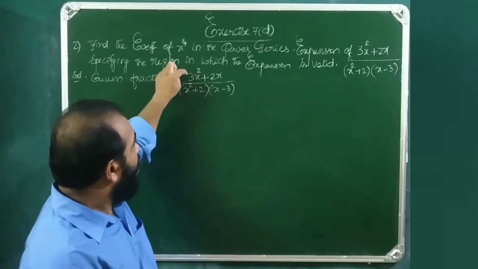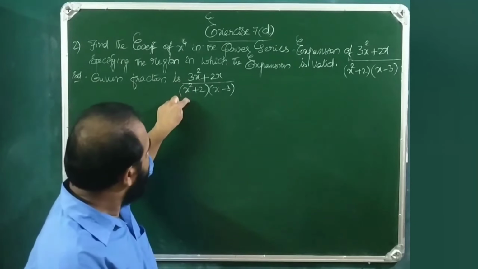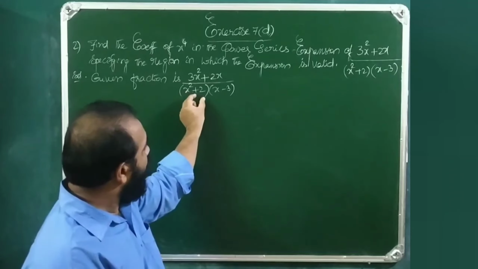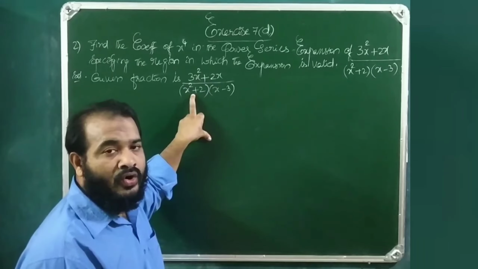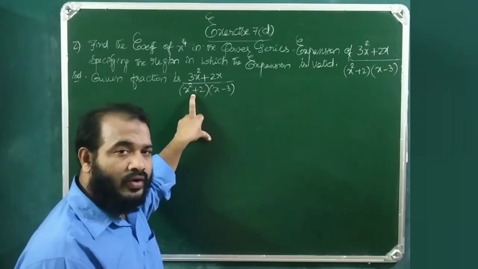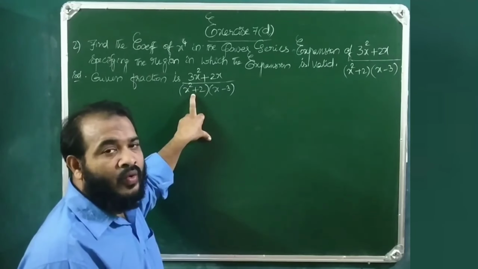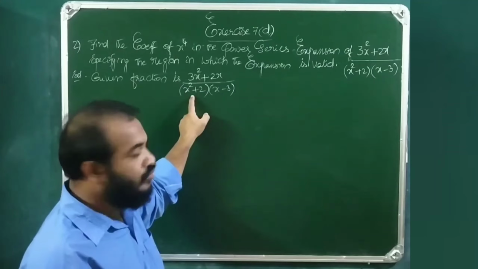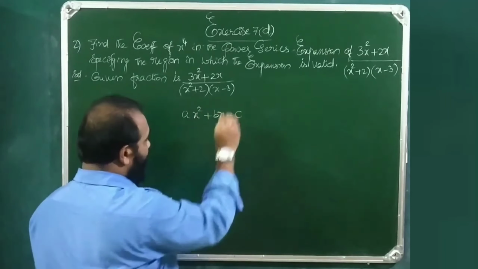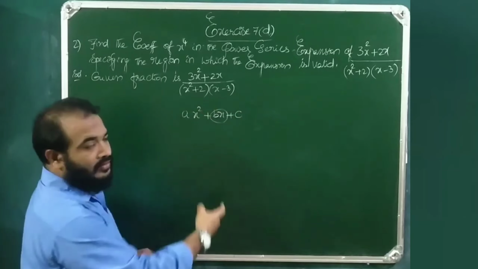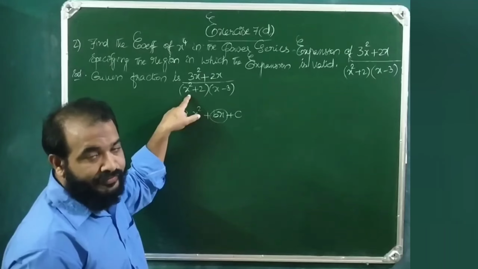Both are polynomials in x, and the denominator contains x square plus 2, a non-reducible or irreducible non-repeated quadratic factor. x square plus 2 is of the form ax square plus bx plus c, where the x term is absent. Yet it is the quadratic factor only. Which quadratic factor?